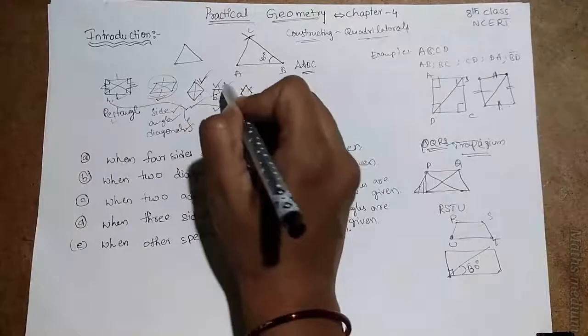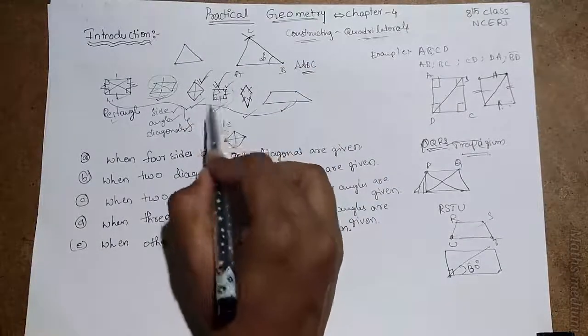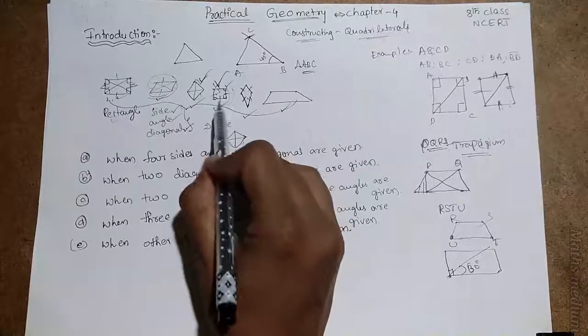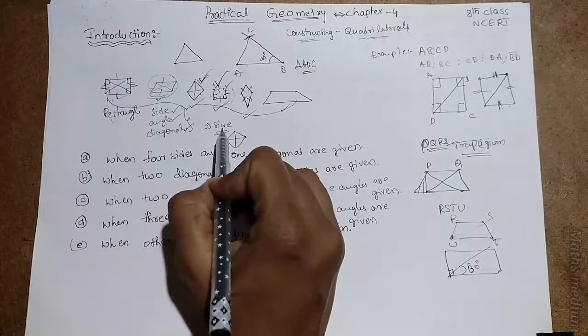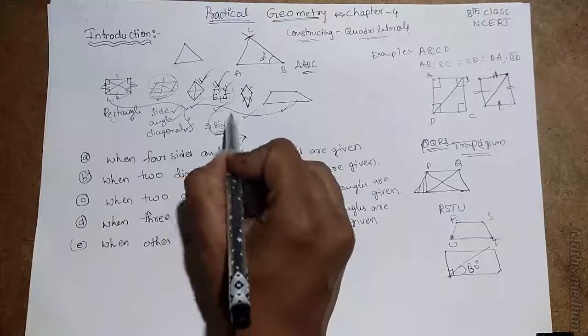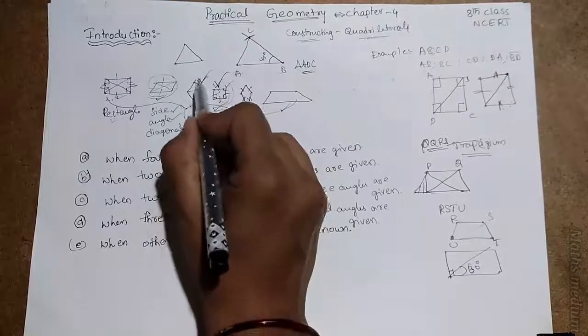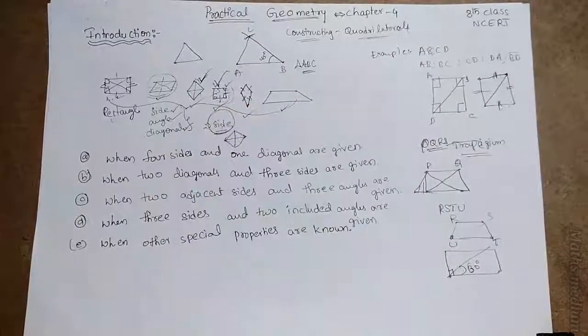One is rhombus and the other one is square. If they give one side, we have to construct a square easily because all sides are equal in a square. And also we have 4 right angles in a square. Then we have to construct easily with the one side to a square. Next, coming to the rhombus also, this is the easiest way to construct a quadrilateral with a rhombus also.